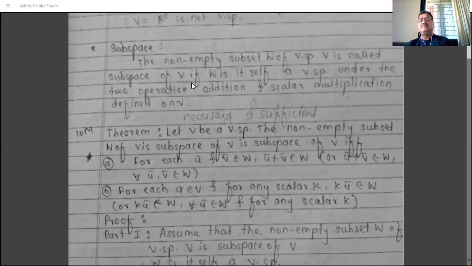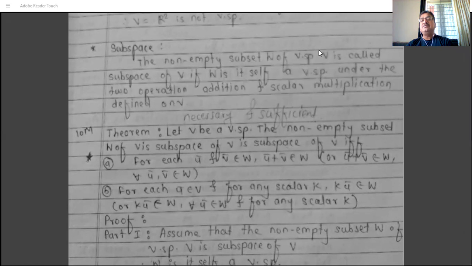W satisfies all the 10 conditions of a vector space, when W is itself a vector space under the two operations already defined on V. V is a vector space means V with the two operations, scalar multiplication and addition.